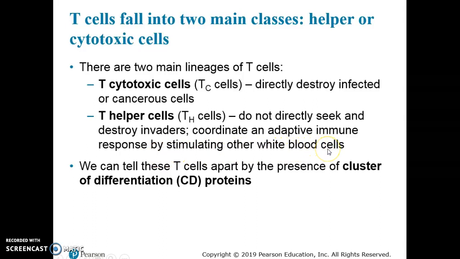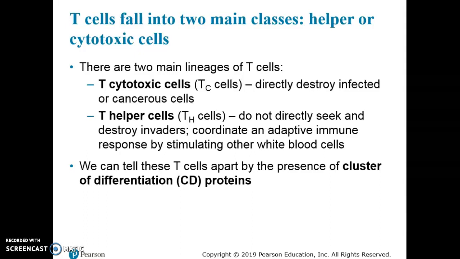If you recall from the original figure, T helper cells produce cytokines. Those cytokines can go to activate the cytotoxic T cells. Those cytokines can go to activate B cells. So T helper cells are a bridge between all of the immune responses, because of their ability to secrete different cytokines and different chemicals.